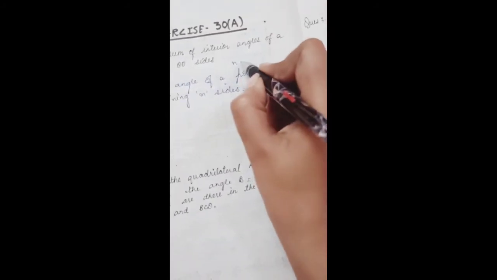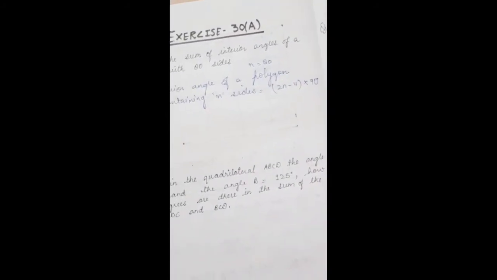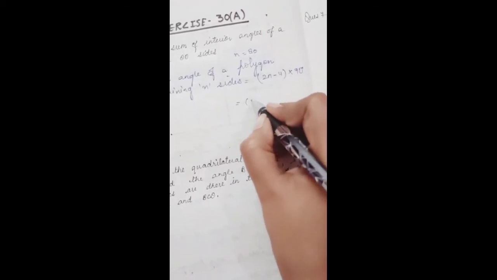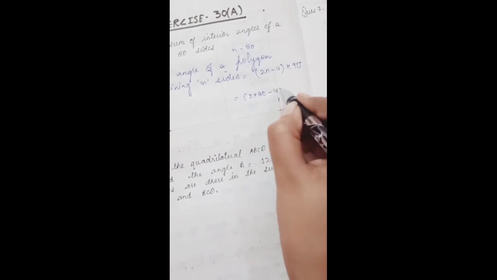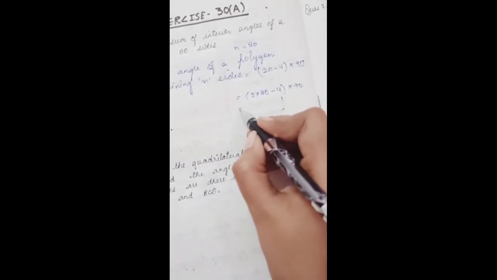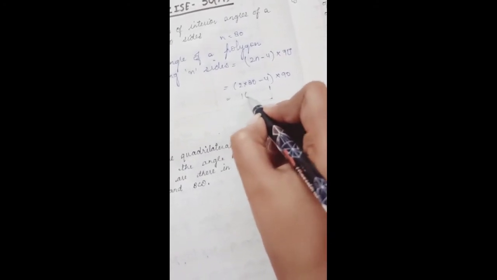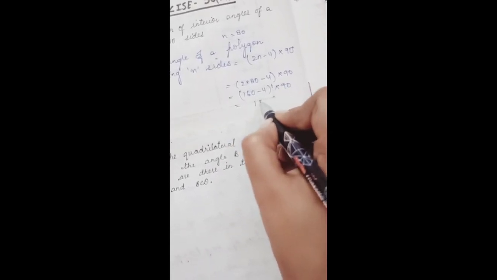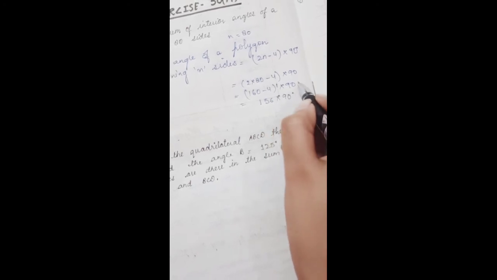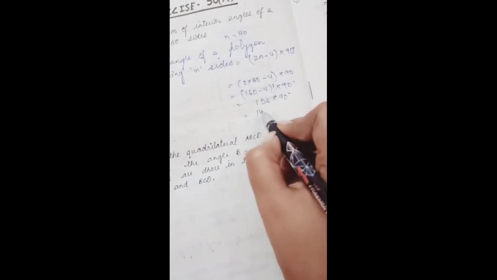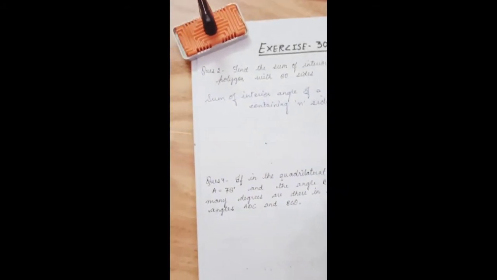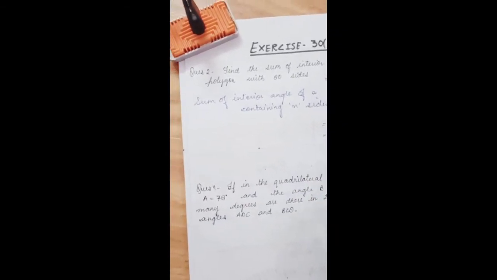Here the value of n is 80, right? So we place the value of n here. So we get 2 into 80 minus 4, into 90. So here we get 160 minus 4, that is 156 into 90 degrees. So here we get 14040 degrees.